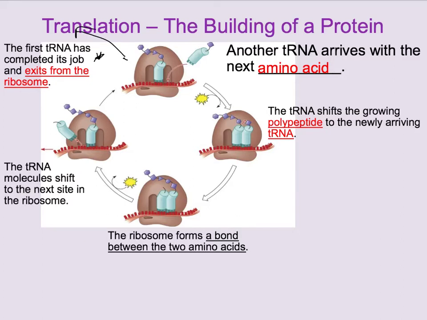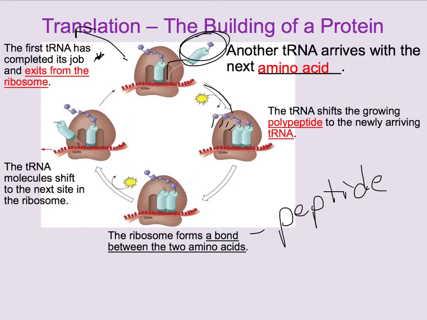So another transfer RNA, that's this one here, arrives with the next amino acid, and it's going to connect right there, and you'll see that in this picture here. It shifts the growing polypeptide, that's these things, and we get new transfer RNAs coming on. The ribosome forms a bond. This is actually a peptide bond with the amino acids, and they keep shifting over, and you'll see that this chain keeps growing.